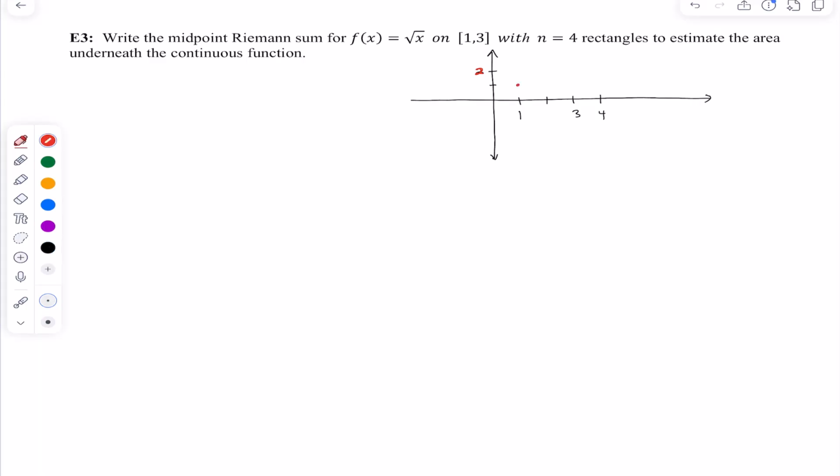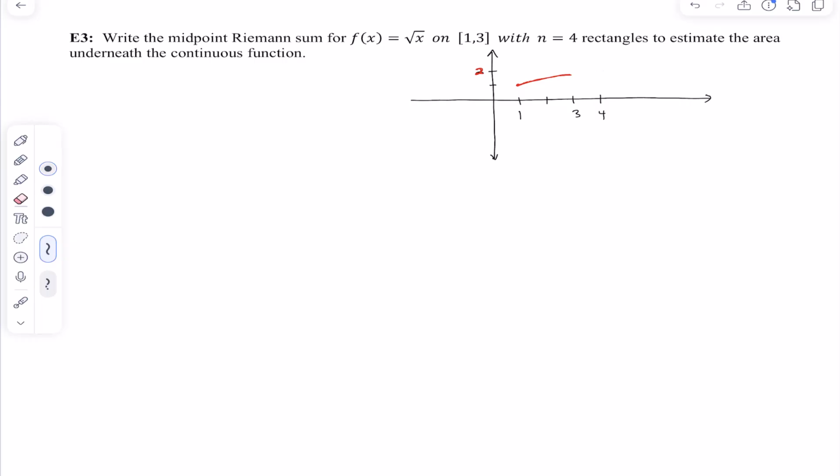The function is actually concave down and increasing. We're trying to fit 4 rectangles of equal width to estimate the area underneath this continuous function.